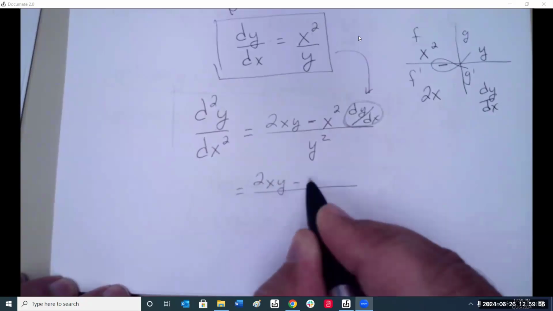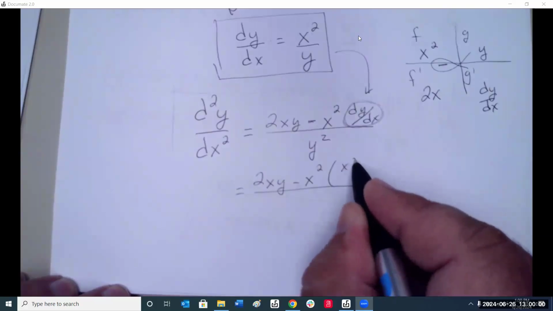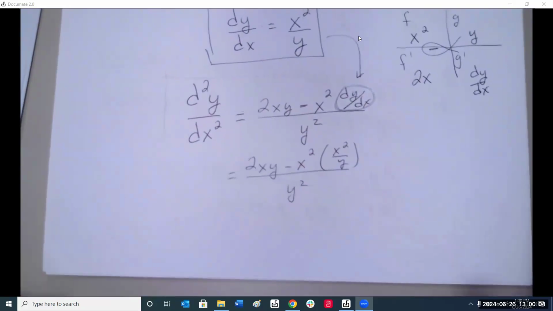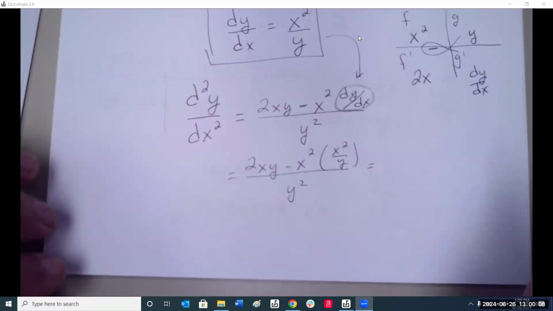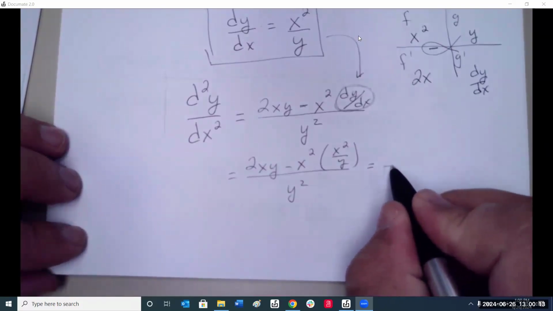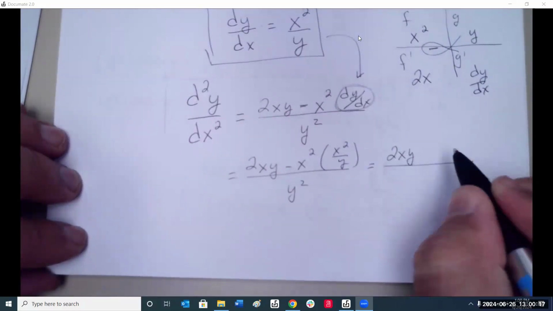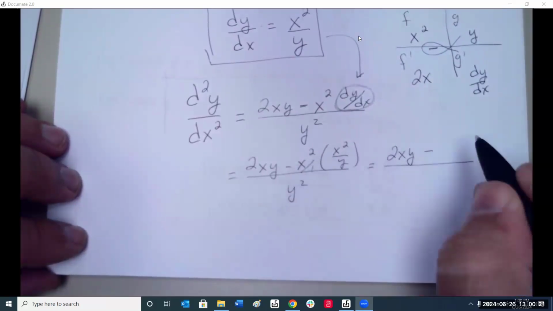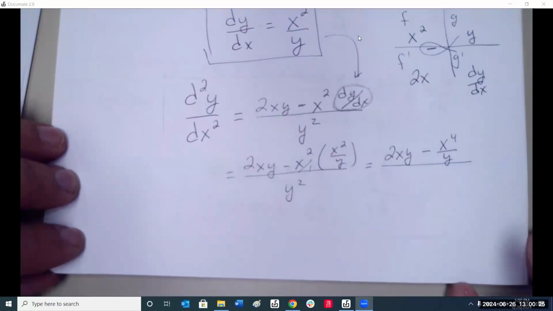Two xy minus x squared times x squared over y squared. So we have 2xy minus, this is over 1, so it's x to the 4th over y.